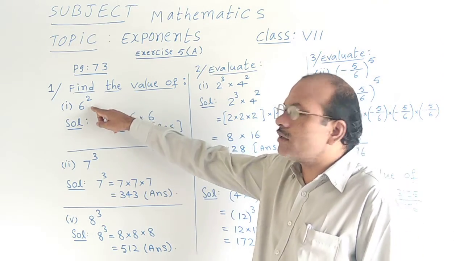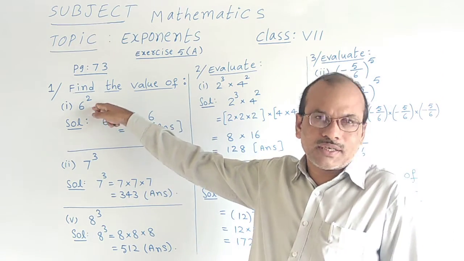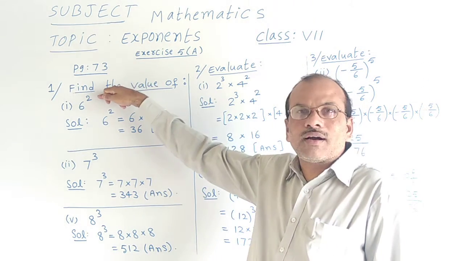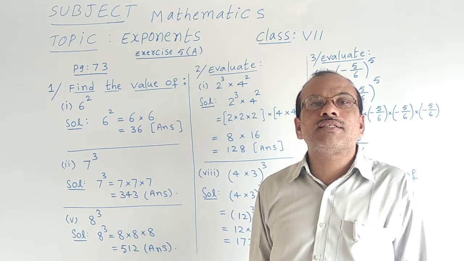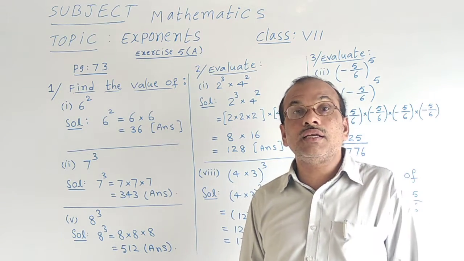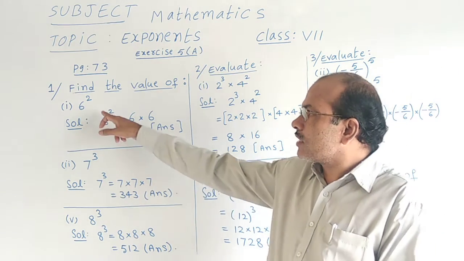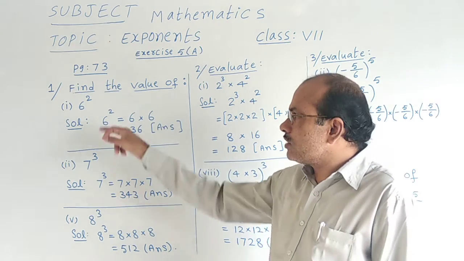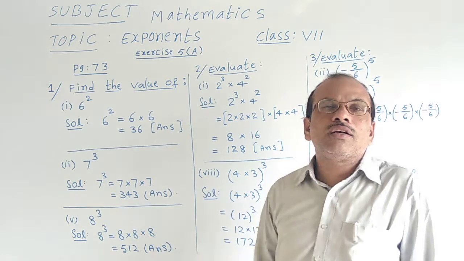Here 6 is called base, B-A-S-E, and this 2 is called the power, otherwise index, I-N-D-E-X, index. This is read as 6 to the power 2, 6 is raised to the power 2.